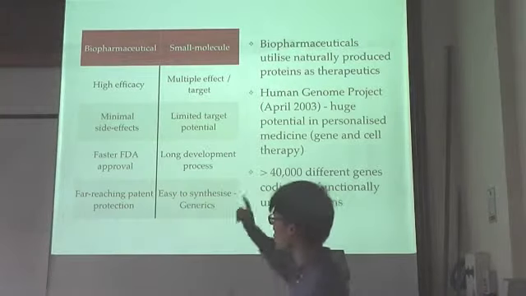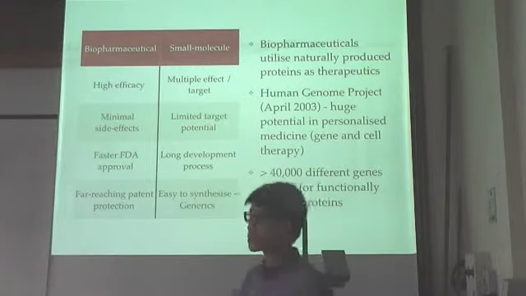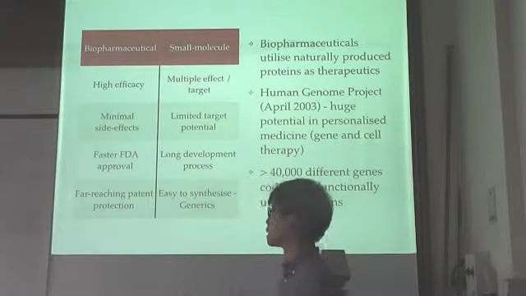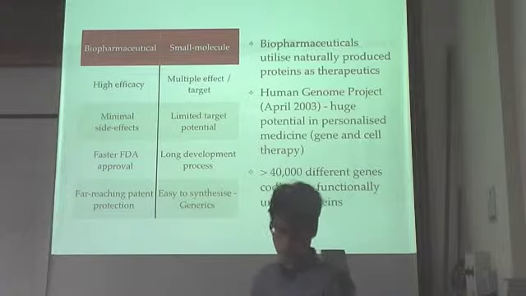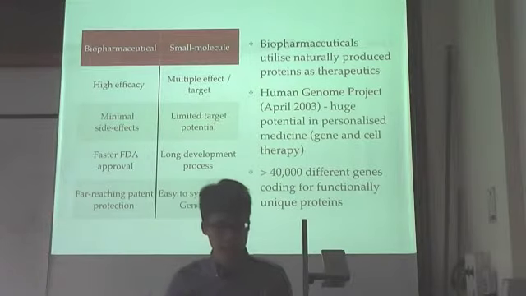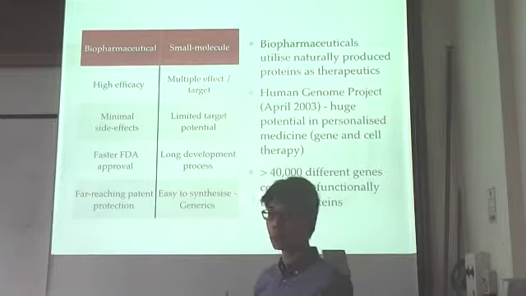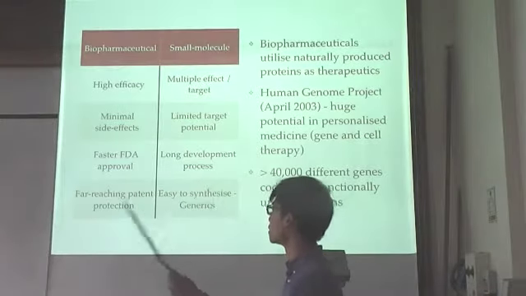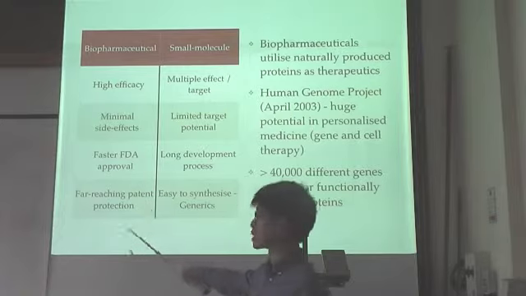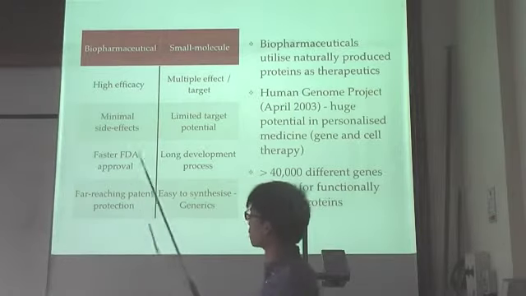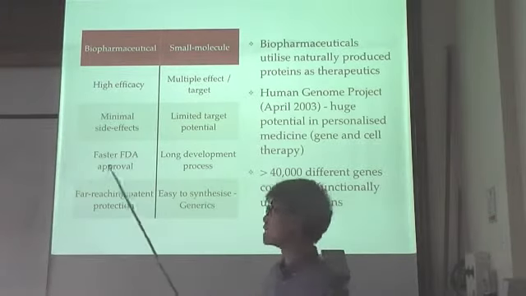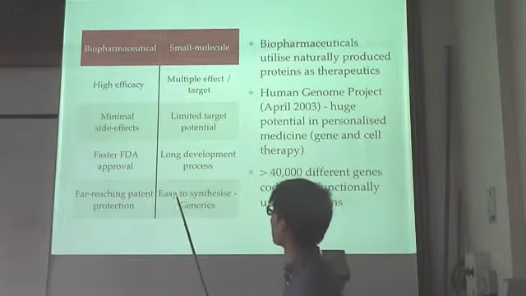And when you compare the two advantages together, you would generally get a faster FDA approval as well. In addition, from a financial perspective, due to the protein's unique form and function, you can actually get very good far-reaching patent protection. That is probably not very easily done with small molecules.